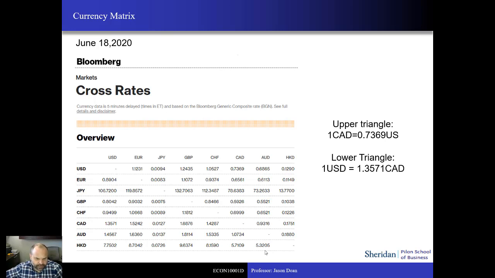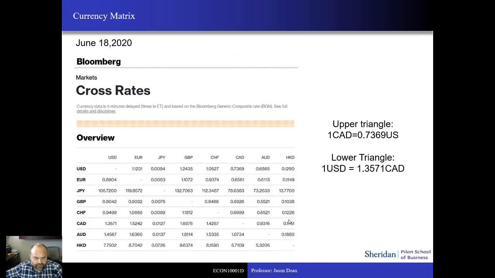So what we would have to give up to get 1 US dollar, for example. And if you look in the lower triangle, you'll see that between the US dollar and Canadian dollar, it's 1.3571. And so this value here is saying that 1 US dollar is equal to 1.3571 Canadian dollars. So we would have to give up this amount to get 1 US dollar.